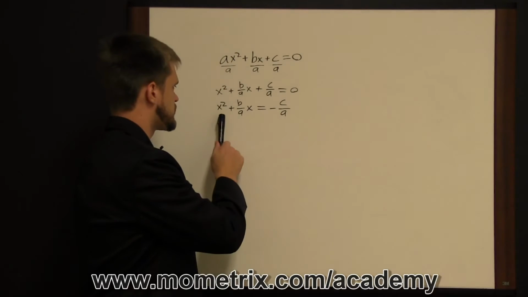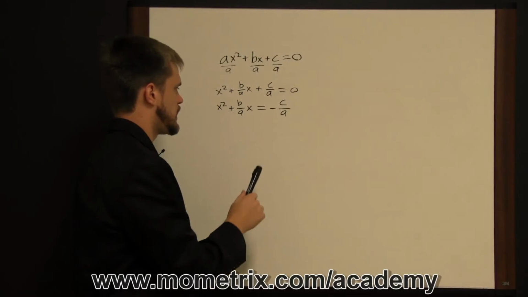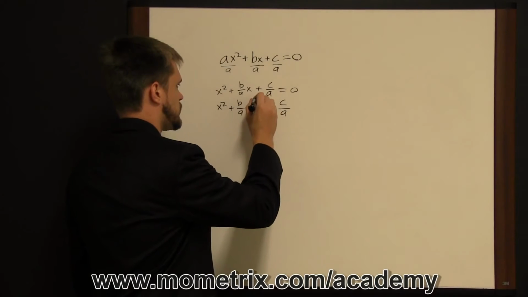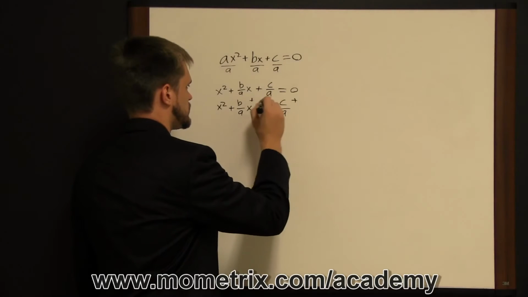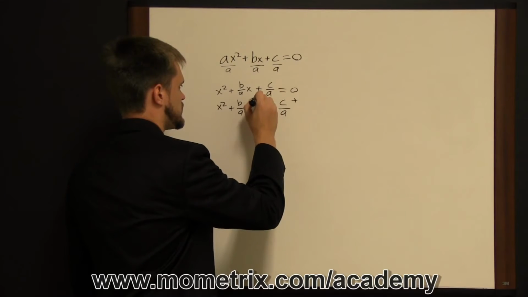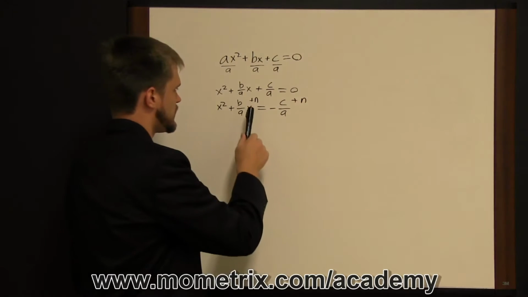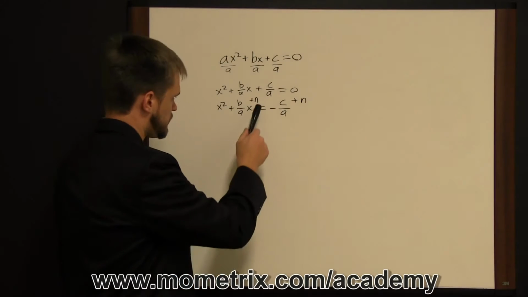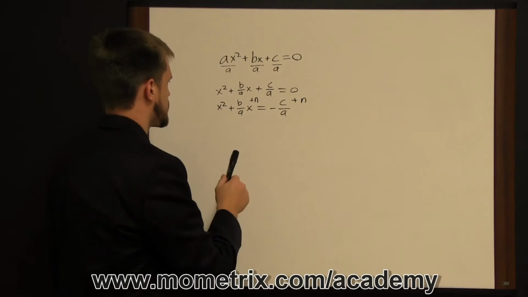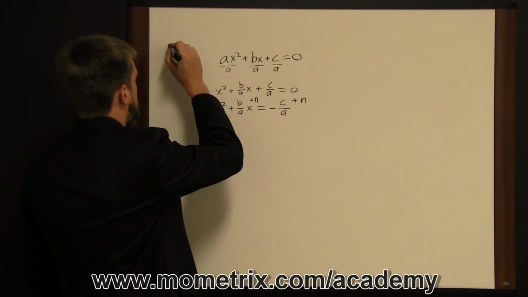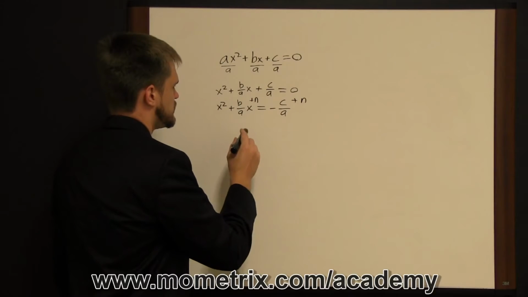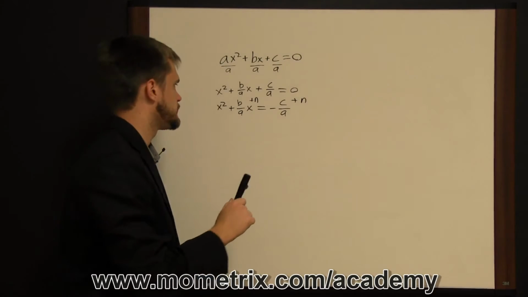Now the next step is to figure out what our number that will be added to this equation is going to be. So whatever this numerical constant is here, we'll call it n. We need to figure out what that's going to be. And the formula for figuring out what n is going to be is whatever this coefficient of x is, divided by 2 and squared.